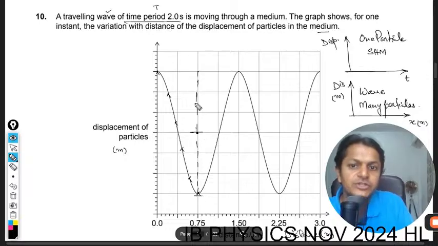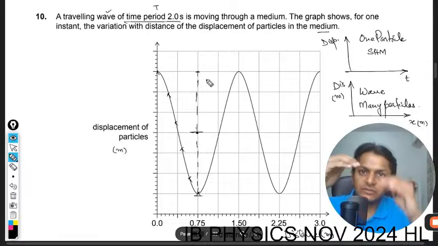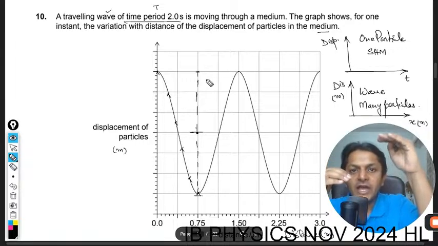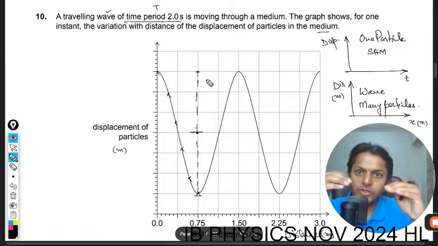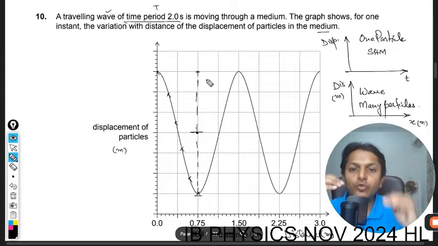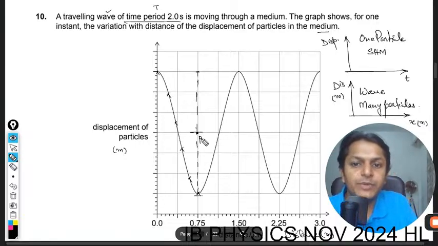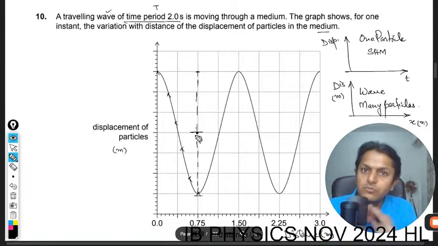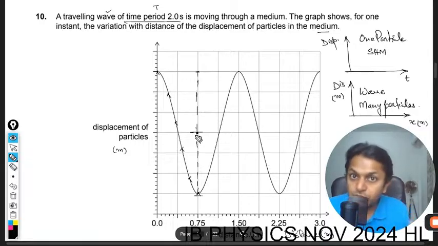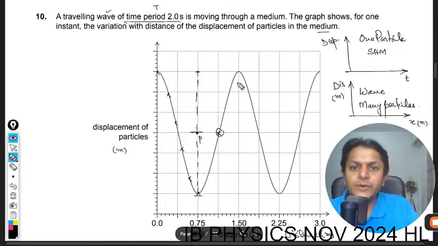This is its mean position, and this will be the extreme position. After some time, the particle goes up, then comes back to the mean position, and goes to the extreme position again. So it keeps on moving up and down at the same location. This particle P is never going to have motion along the x-axis. It is just going up and down. So all these particles are different particles, first of all.